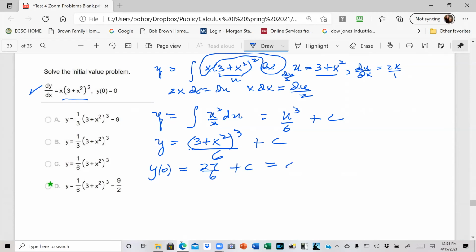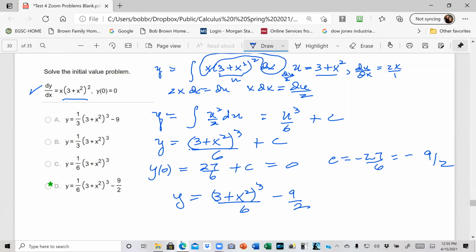That is equal to 0, so c is equal to minus 27/6, which is minus 9/2. So now y is equal to 3 plus x squared to the third power over 6 minus 9/2. And there is the answer right here.